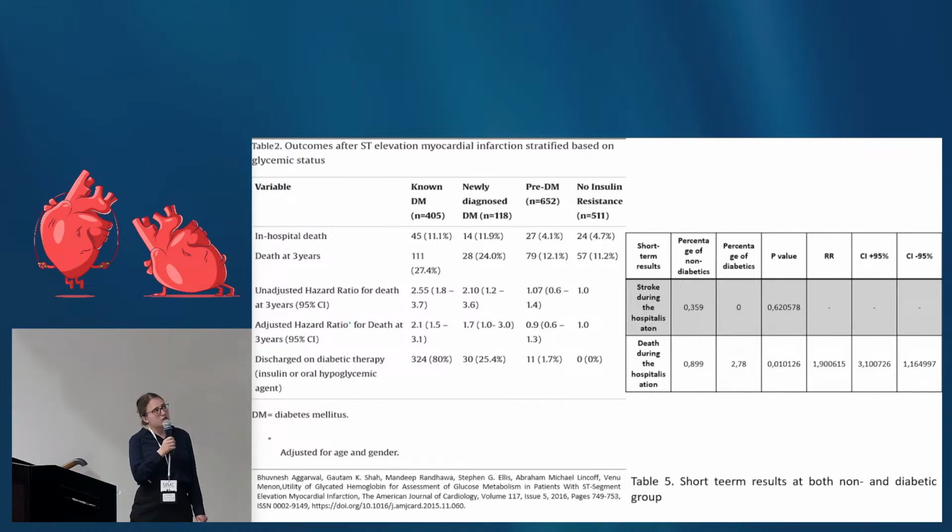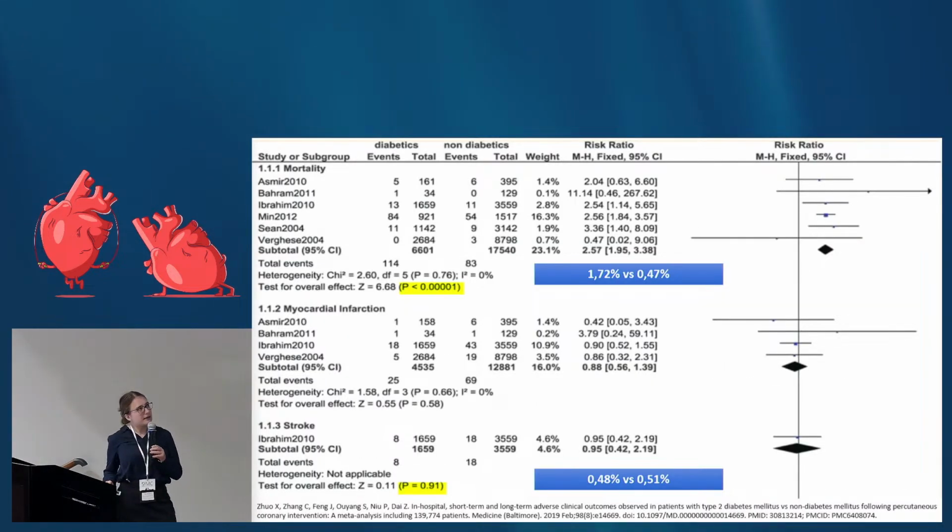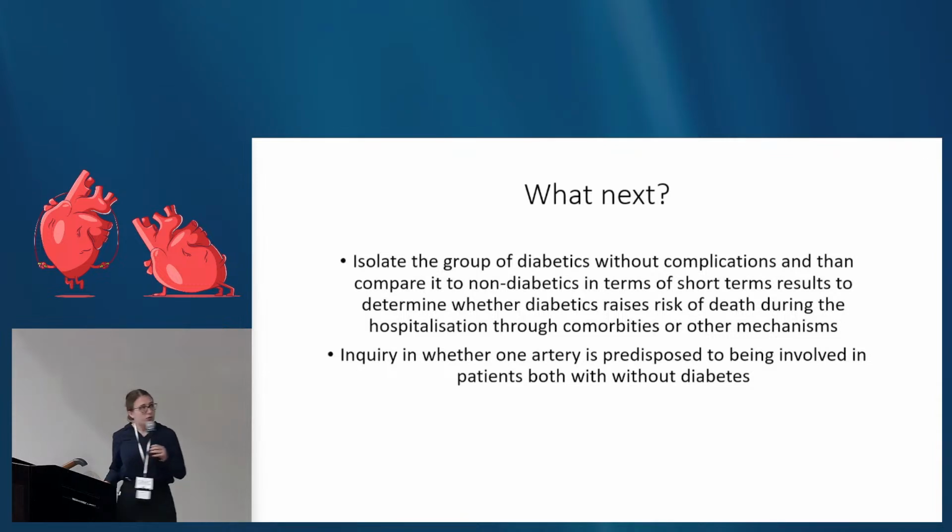In the previously mentioned study on the STEMI population, the results were the same. However, the overall mortality was higher in that study. In that meta-analysis, mortality for diabetic patients was also higher, and the prevalence of stroke did not differ between subpopulations. So what's next?